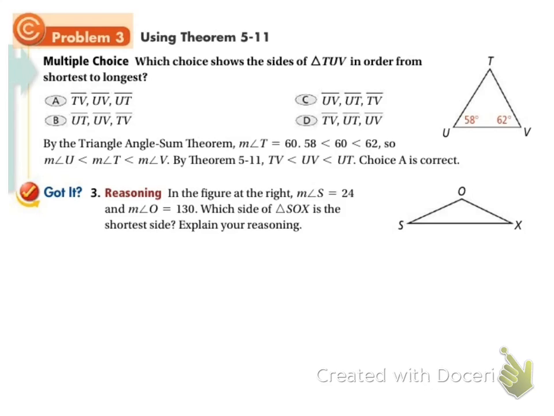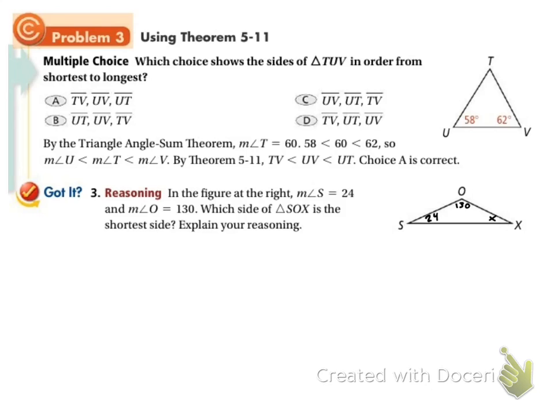So I'm told that the measure of angle S is 24. And the measure of angle O is 130. And they want to know which side is the smallest side, or the shortest side. But to be able to do that, I need all 3 angles. So I can find that third angle.